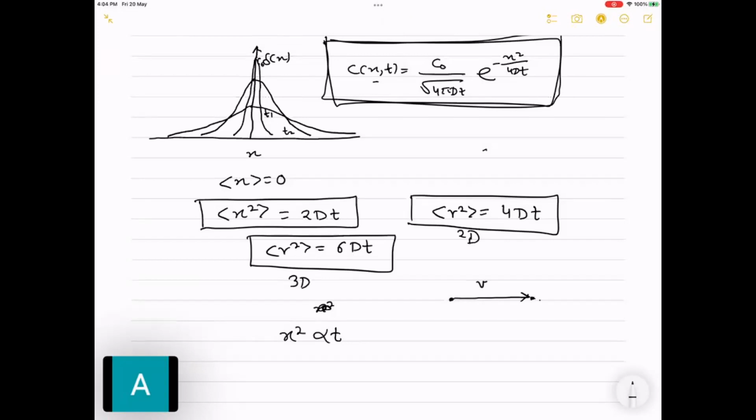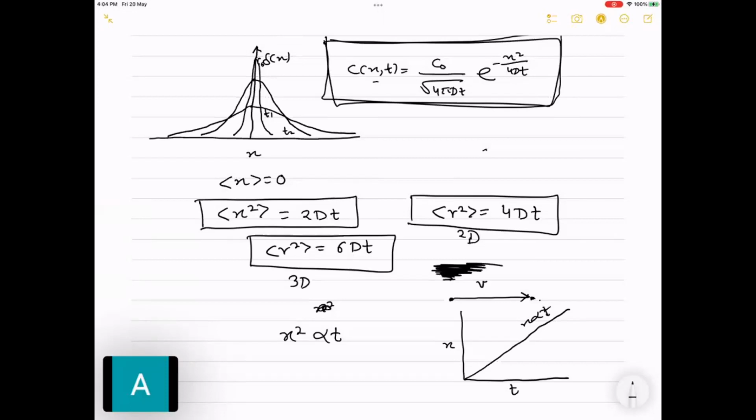If you plot x versus t in this case, it will be a straight line. x will be proportional to t in case of a ballistic motion, if something is going unidirectionally from one location to the other. However, if something is going from one place to the other by this back and forth, back and forth movement, that is a diffusive motion.